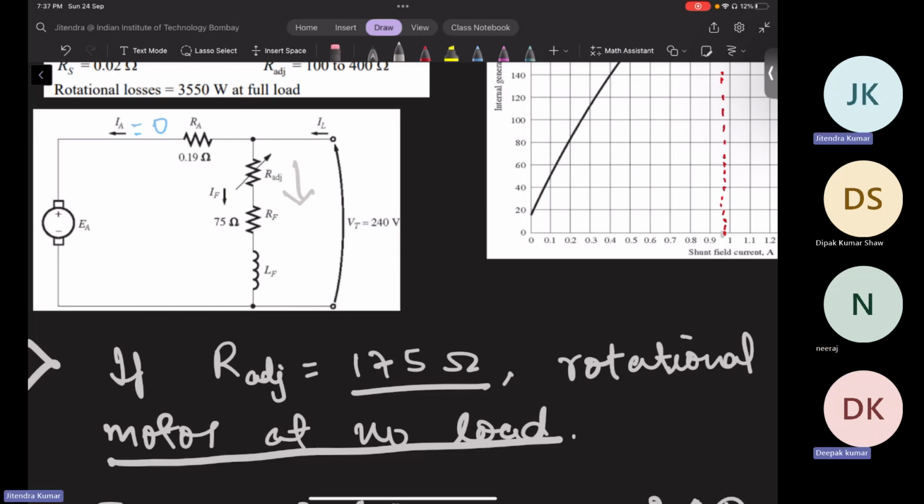No, the armature will not take any current; that will be zero. Due to rotational losses there is a loss of real power, so real power should be supplied. That is EB into IF, whichever is going. The IL component will have only the field component, so this will be VT into IL.